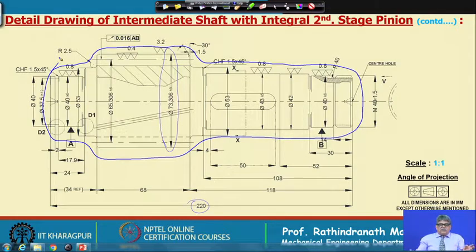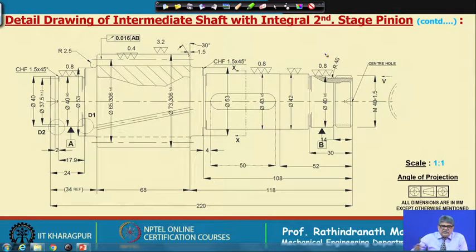So, this is after forging. Maybe the bar size is say 68 millimeter, even less than that, and length may be just 200 millimeter. So, in mass production you can cut the pieces like that, and by forging you can increase here and decrease a little bit there, keeping the material for machining say 3 millimeter everywhere. So, we can make it like that. Okay. Next we shall think of the machining.